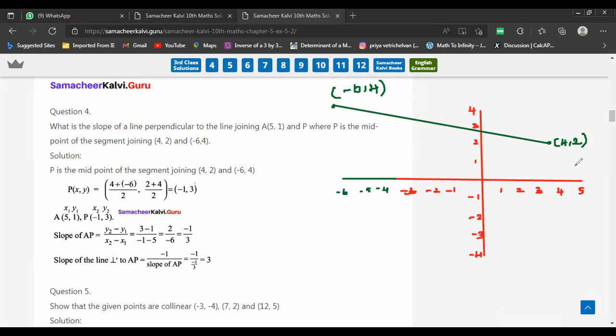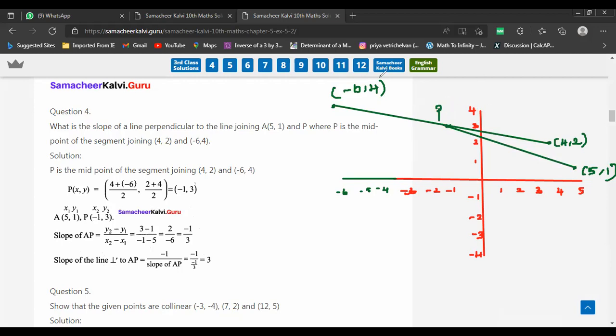You have a point 5, 1. So this line through 5, 1 is perpendicular to this line. Maybe the midpoint be somewhere here. You need to find that midpoint.